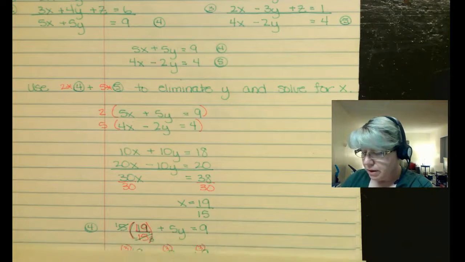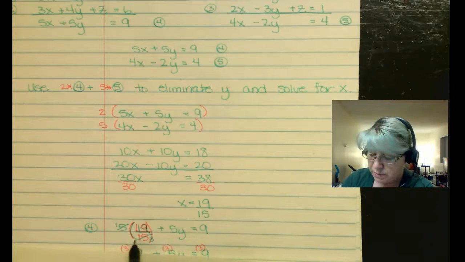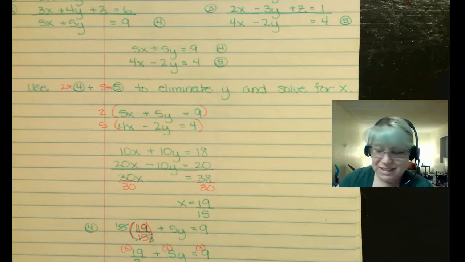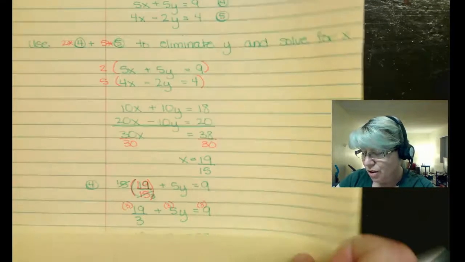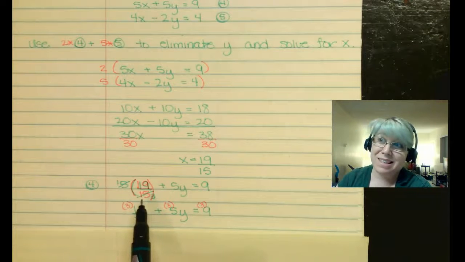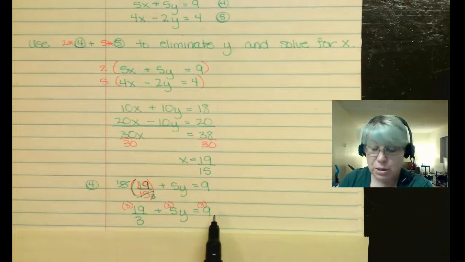Okay? So if I plug it into 4, it's going to be 5 times 19 over 15 plus 5y equals 9. I can reduce a bit. 5 goes into 15 3 times, 5 goes into 5 once. And I'm going to choose to actually eliminate these fractions after all. So right now I have a 3 in the denominator from the reduction, so I'm going to go ahead and multiply each term by 3.